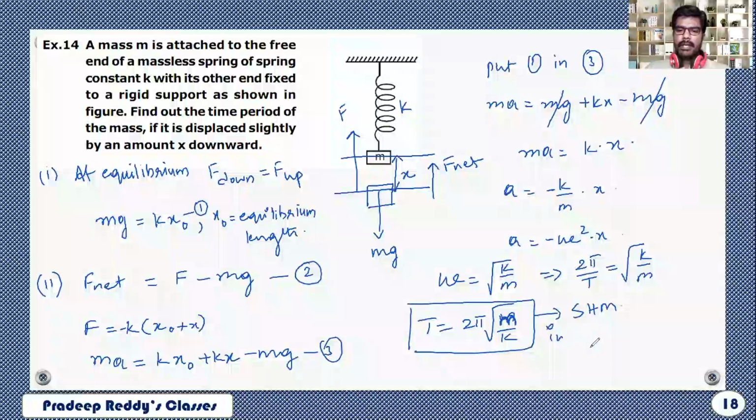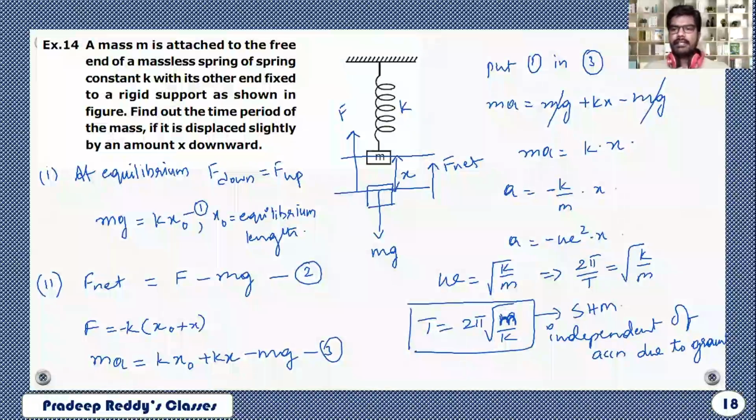It is independent of acceleration due to gravity. So whenever a mass is attached to a spring, its oscillation time period is independent of acceleration due to gravity. It only depends upon the force constant of the spring. This is the way you are able to find out the time period of the mass attached to the spring, which executes simple harmonic motion, and the time period is 2 pi under root m by k.